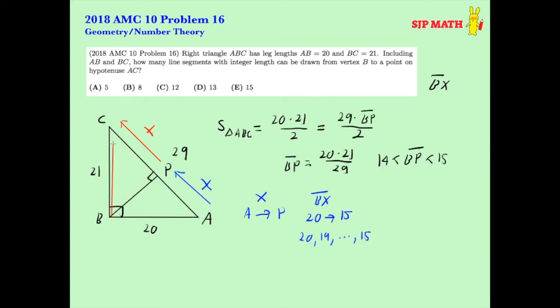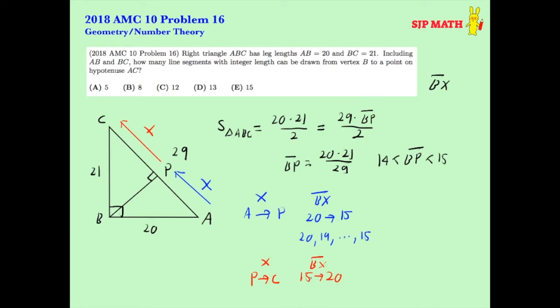So let's write that down again. As X moves from P to C, the length of BX is going to strictly increase from 15 to 20.